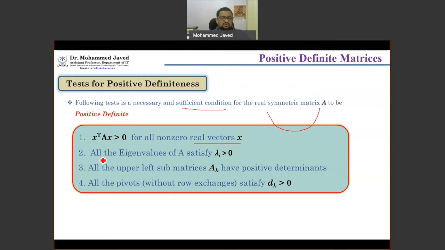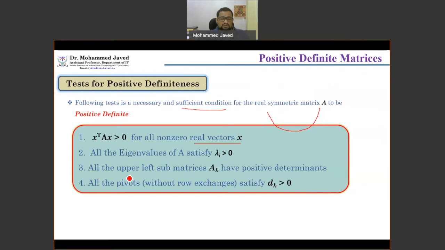What is test number 2? All the eigenvalues of A satisfy lambda i greater than 0. If it is positive definite, you can calculate all the eigenvalues and check whether they are all positive.